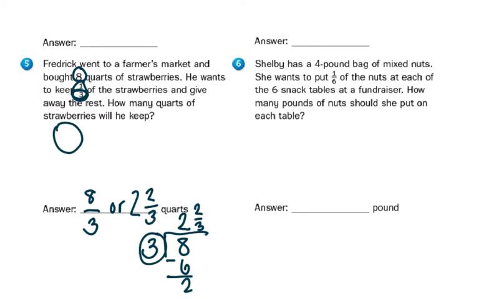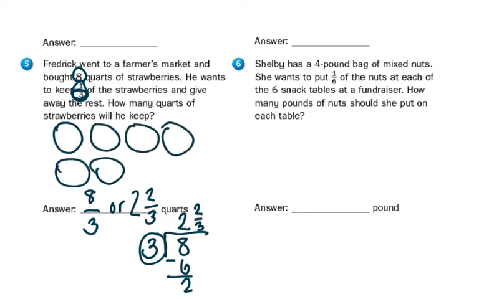So if we take the 8 quarts, 1, 2, 3, 4, 5, 6, 7, 8, and we divide each one into thirds, he wants to keep 1/3 of the strawberries, so 1/3 of each.